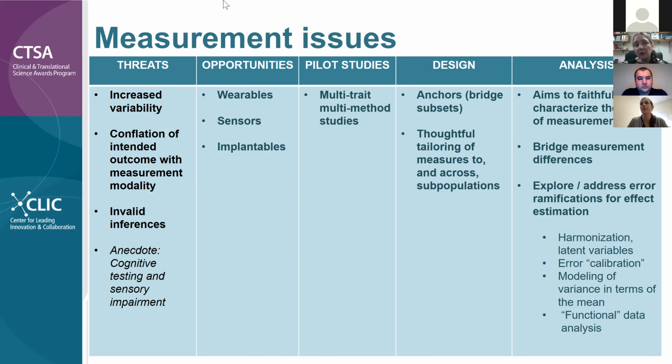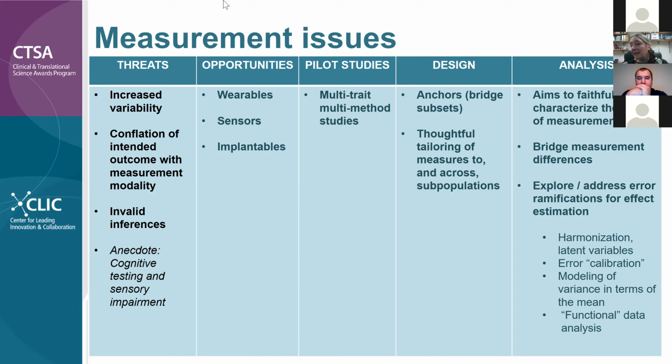Design anchors refers to methods of measurement or questionnaire items that are thought to be invariant in their performance in measuring what is intended across subgroups of people or across time. Being sure to include some measures that have been well studied and are thought to be invariant is an important thing to try to do, as well as thoughtful tailoring of measures to and across subpopulations.